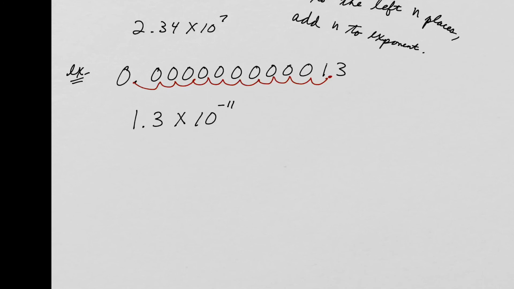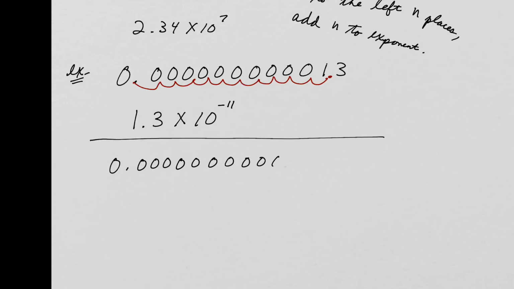Okay. The other way to think about it is what I did earlier. I could also think of this, okay, I can write this original number, and then I'll write in times 10 to the 0, right? Just because that's equal to 1.